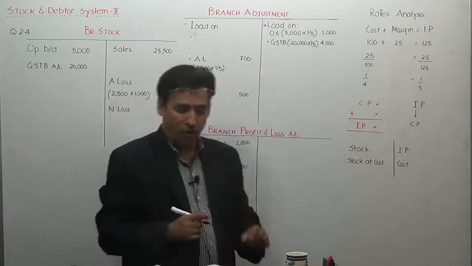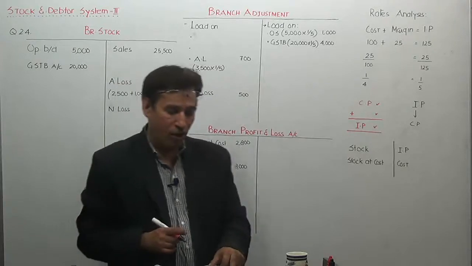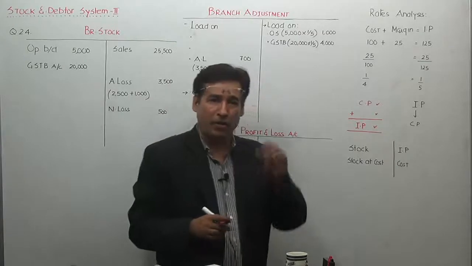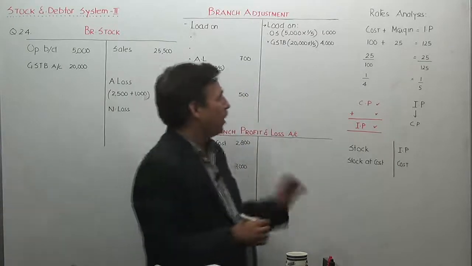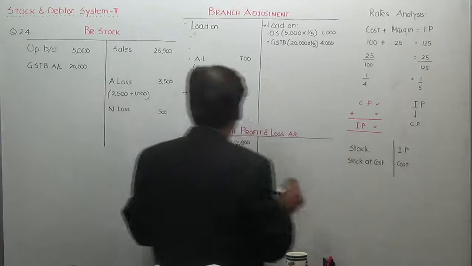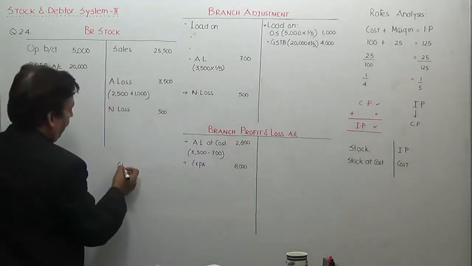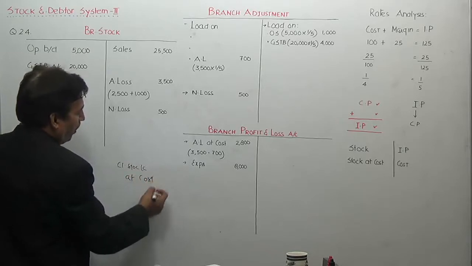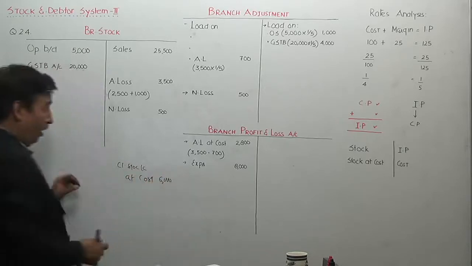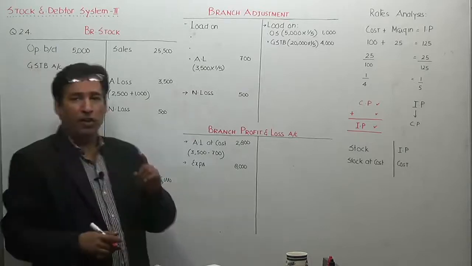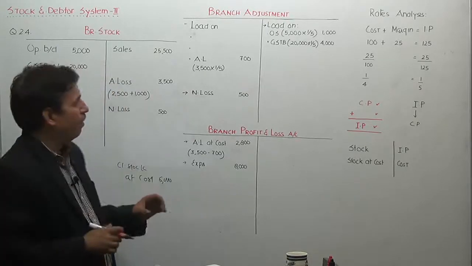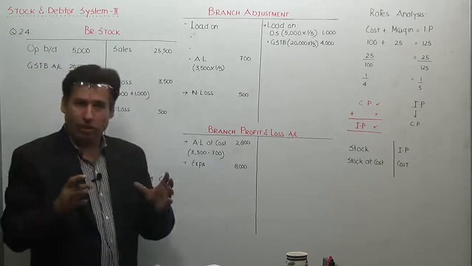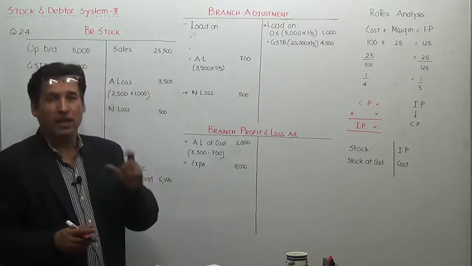Suppose if in this question it would have been written closing stock at cost, only this much would have been written. Suppose in the question it would have been written closing stock at cost, correct? 6,000 rupees. Please pay attention, I am telling you time and again, if nothing is mentioned with respect to goods in the question, we always presume them to be at invoice price.